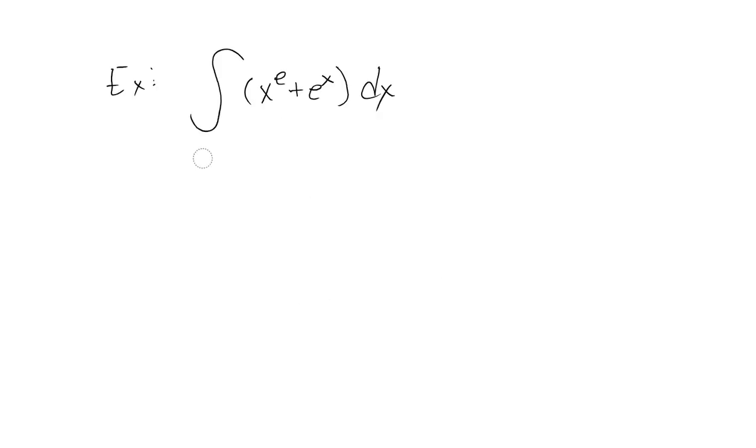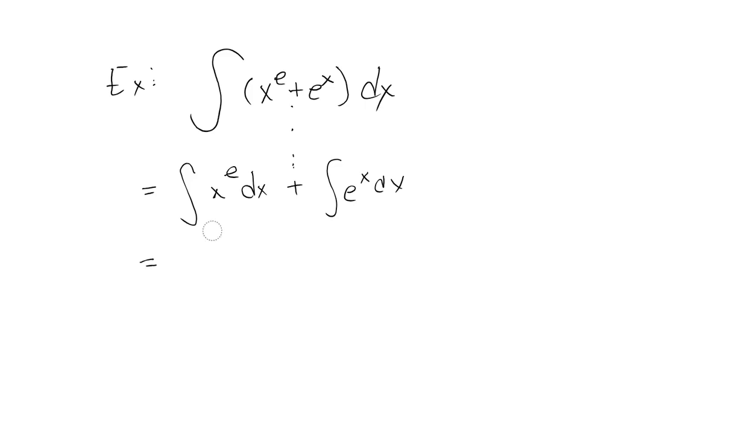In this example, I have the integral of x to the e plus e to the x dx. So we have separate terms inside the integral because of this plus sign. So first I will apply that integral to each term. The integral of the first term plus the integral of the second term. We carry down that plus sign.